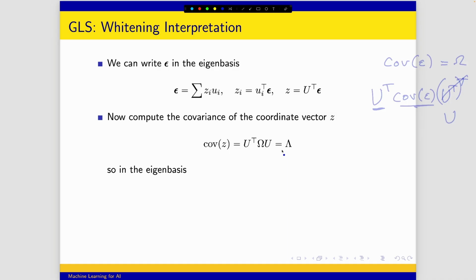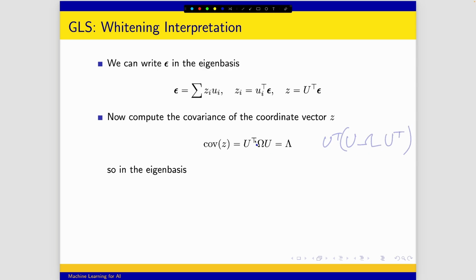Why is that lambda? Well, let's remind ourselves what this lambda is. Let me just do it from here. So we've got U transpose and then omega. The decomposition of that is U times lambda times U transpose. That's the eigen decomposition of omega.